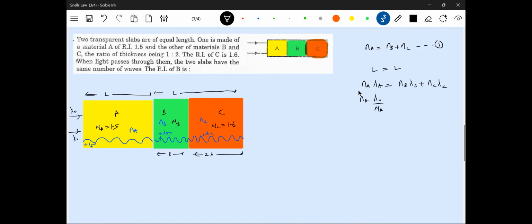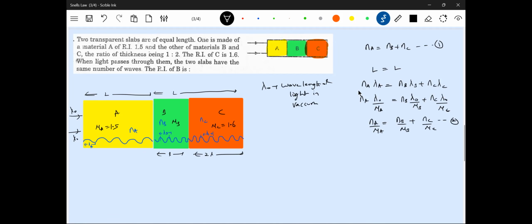So this is given by lambda naught by mu A, lambda B equals lambda naught by mu B, and lambda C equals lambda naught by mu C. So NA lambda naught by mu A, NB lambda naught by mu B, NC lambda naught by mu C. So what is lambda naught? Lambda naught is the wavelength of light in vacuum. In any medium, it will be lambda times mu. Already I just now discussed it.